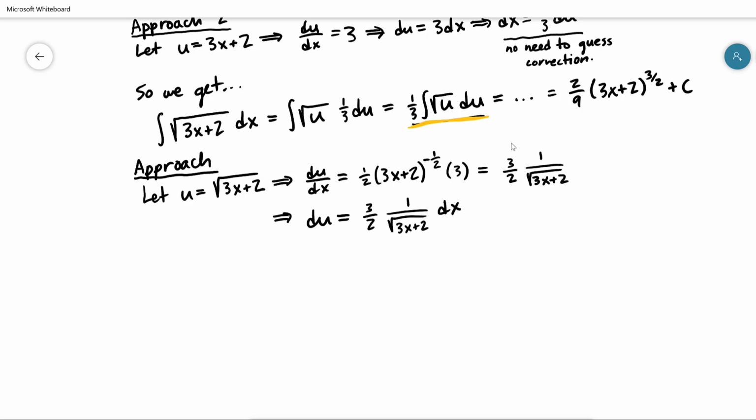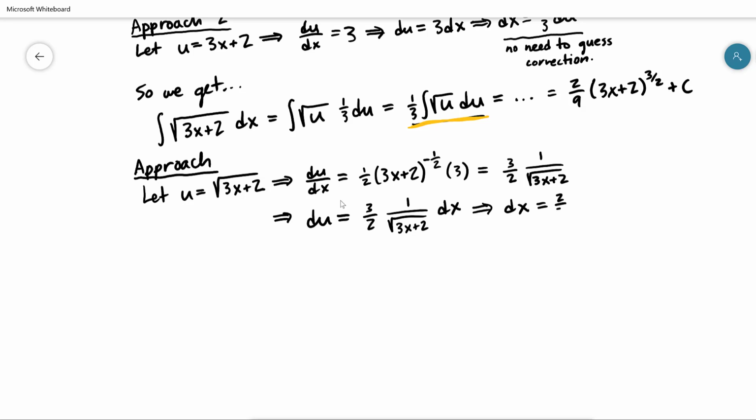Okay, and if we want to do kind of the same approach we did with method 2, if you wanted to, you could solve this for dx if you'd prefer. We could find that dx is instead, so if I wanted to solve for this, I need to multiply both sides by this square root of 3x plus 2. And to undo this, I need to multiply by 2/3.